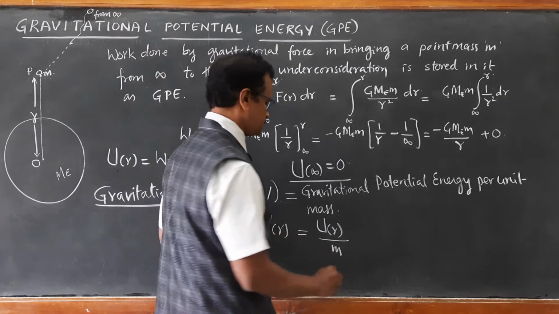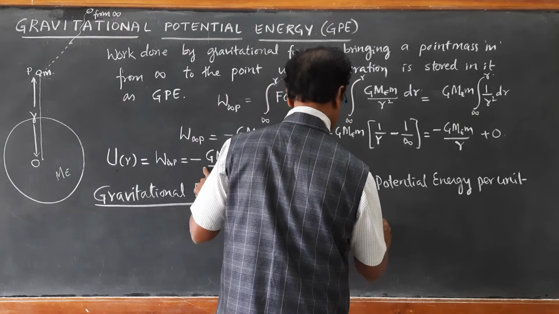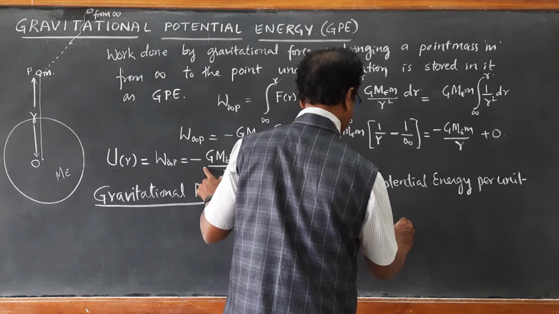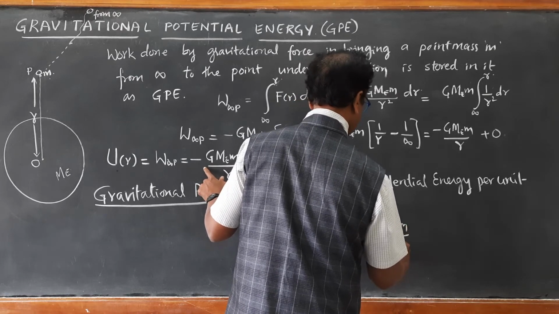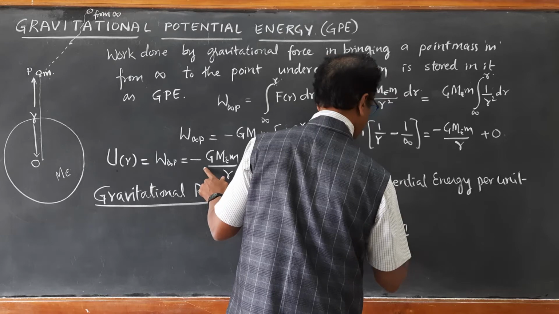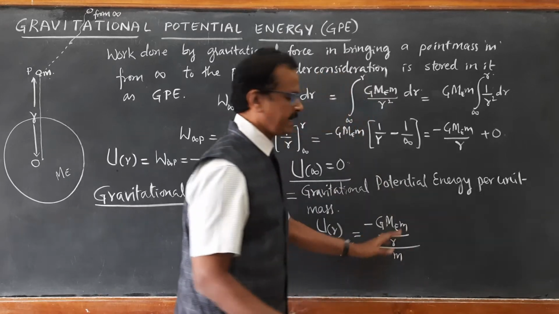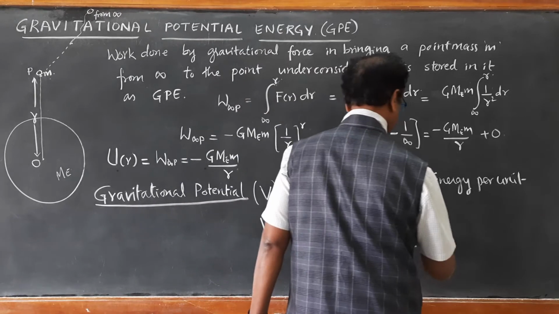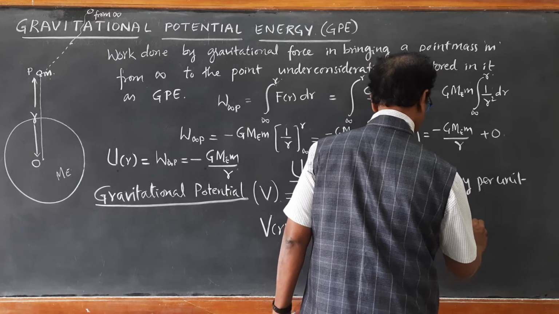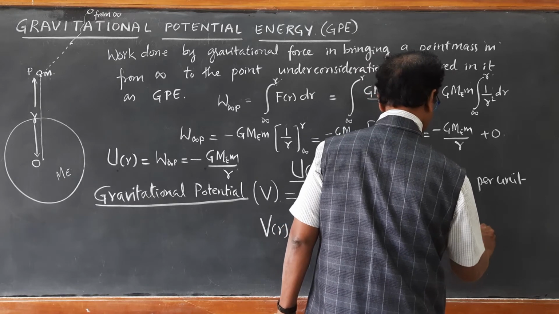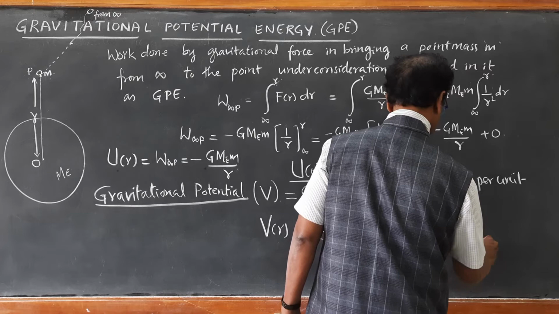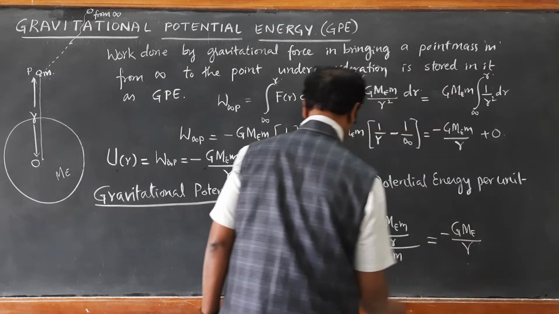So we get minus GMEM upon R, whole divided by M. So M cancels. You are left with minus GME upon R. So this becomes gravitational potential.